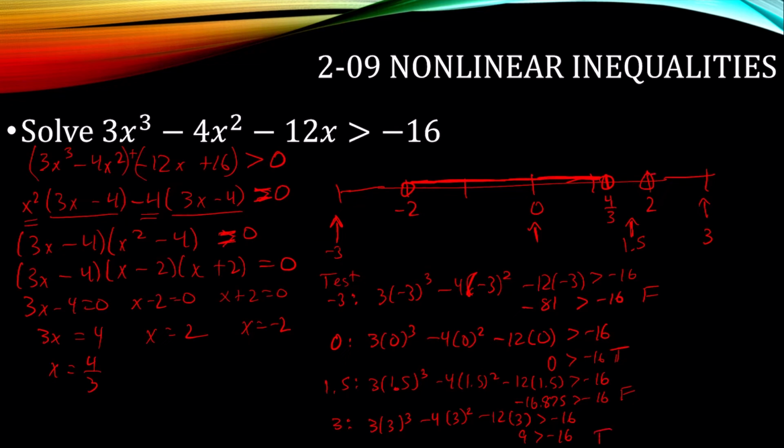Yes, that is true. So that area. So my answer appears to be from negative 2 to 4/3 and greater than 2. Or negative 2 to 4/3 combined with 2 through infinity.